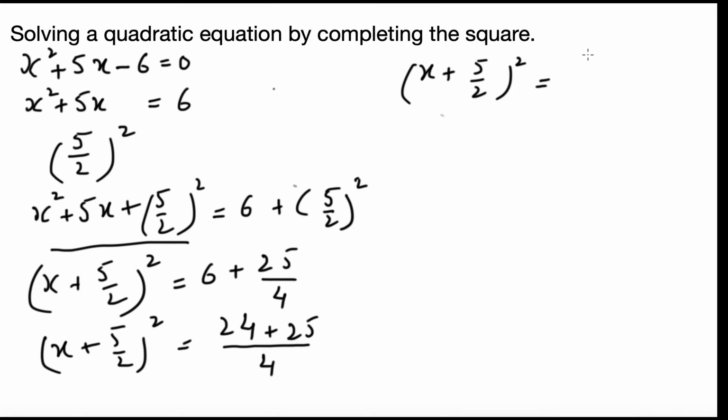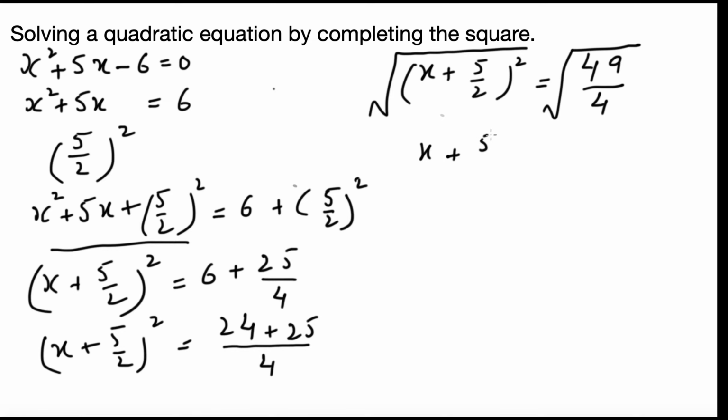This becomes 49 over 4. Take the square root on both sides. Square root would cancel power 2 because square root in exponential form is 1 over 2. Two times 2, 4.